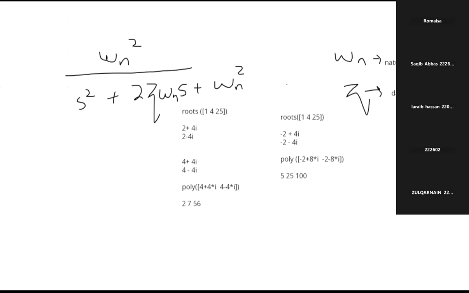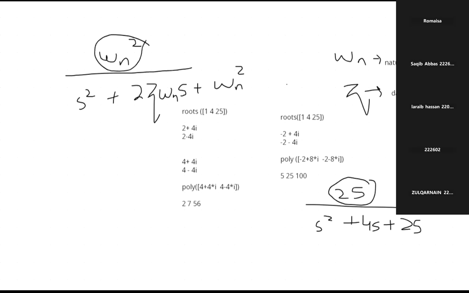That means in place of 25, you have omega n square. So this means that your omega n is equal to under root 25. That means omega n is equal to 5.